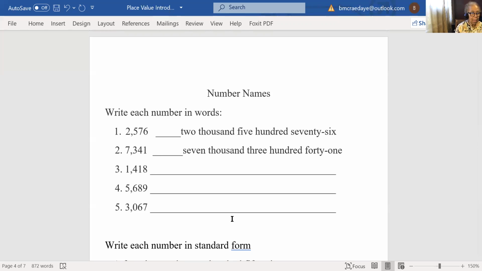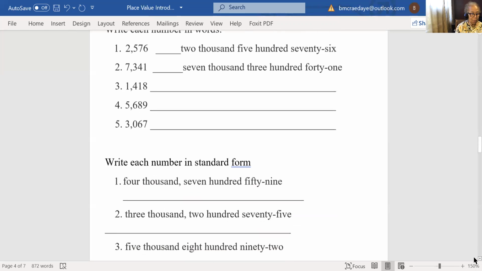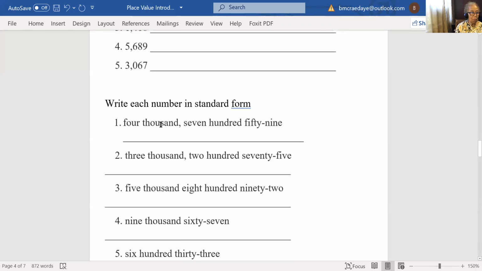Okay. 3, 4, and 5, I want you to do for practice. Okay. And let's go to writing our number in the standard form. 4,759, where we'll just translate these words to the numbers. So 4,000, let's just write 4,759.